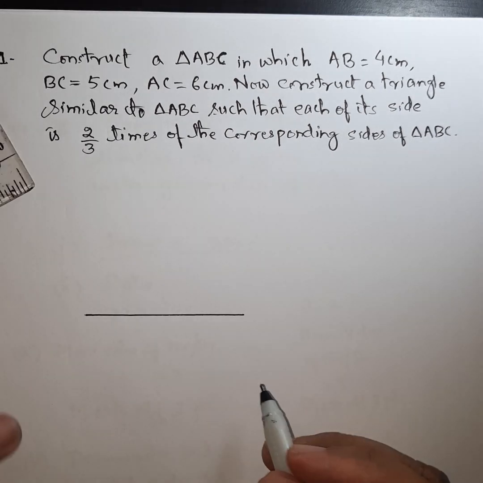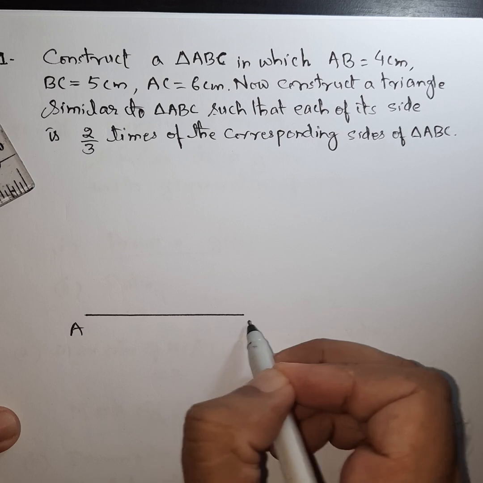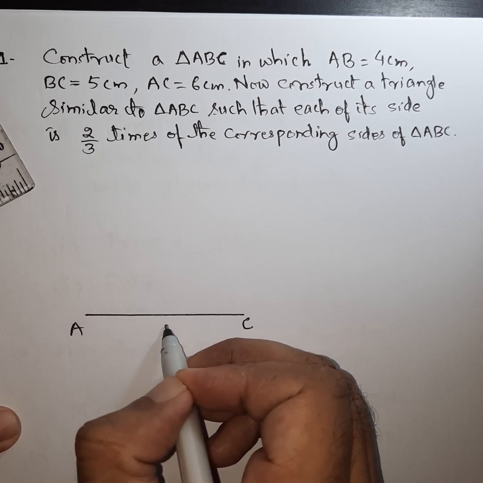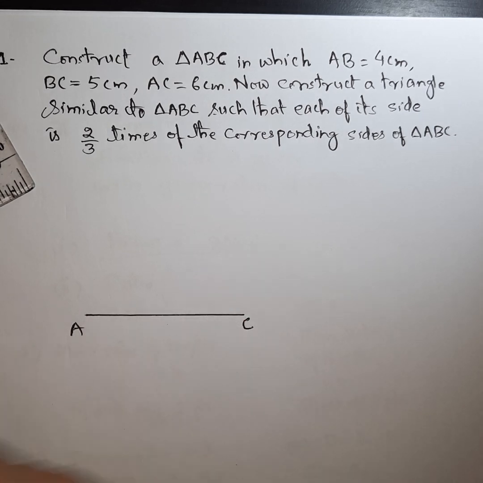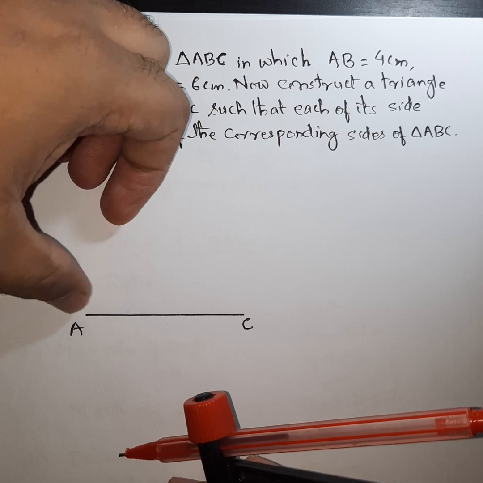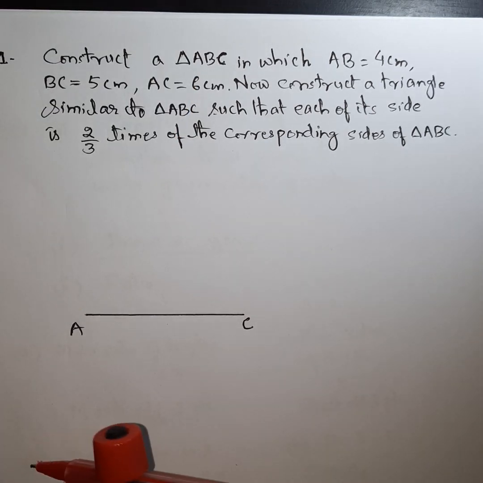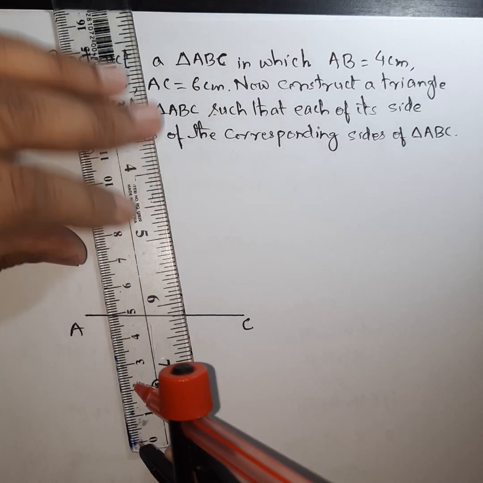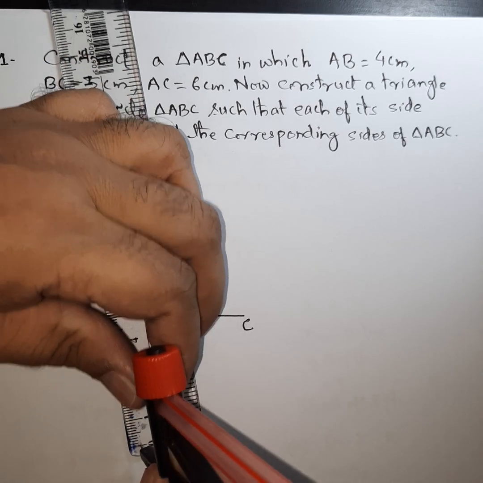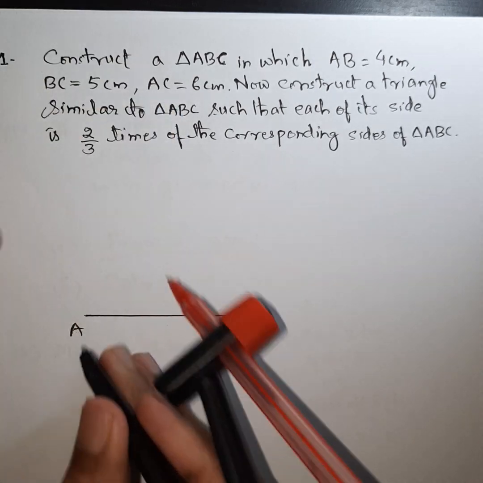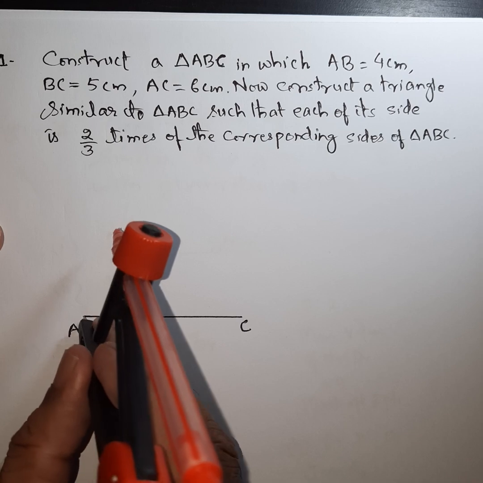First we have to draw the given triangle ABC, where AC is 6 centimeter. Then you have BC and AB 4 centimeter. So if you take B here, AB will be 4 centimeter. So you have to just measure 4 centimeter and from A draw an arc.